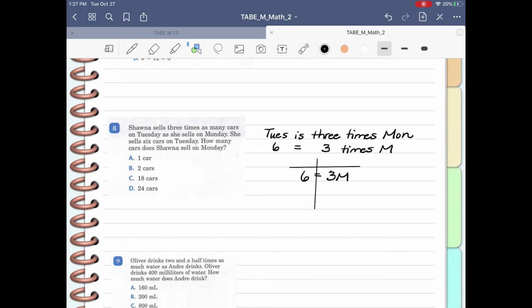So we have a constant on one side and a variable on the other side. I will divide both sides by 3, and so Monday she sold 2 cars, and that is answer B. So number 8, the answer is B.